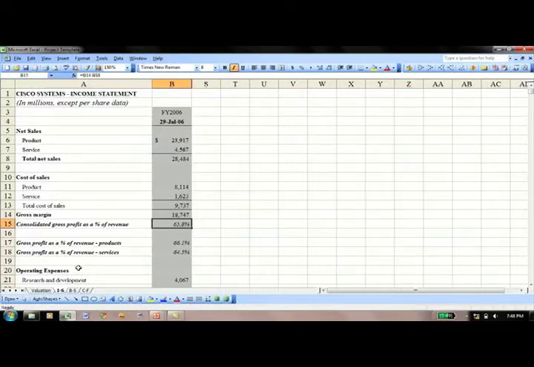And if you look at the formula, and I'll use Excel's F2 key so that you can see a color highlight here. It's the gross profit, which is in cell B14, $18.747 billion, divided by cell B8, which is the total net sales.